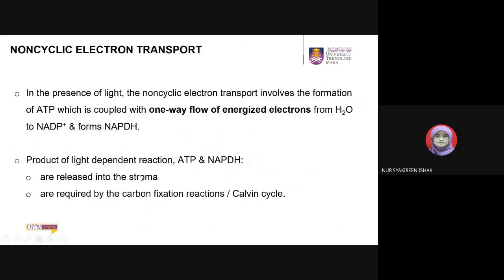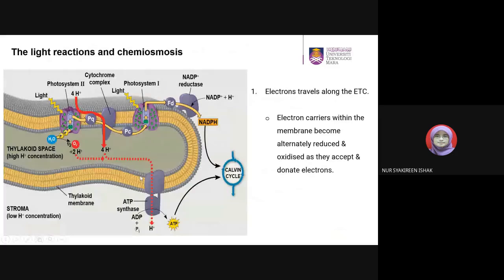Kalau kita tengok je ya gambar ni, nampak? So gambar ni dia nak menunjukkan splitting of water, it occurs in the thylakoid space. Thylakoid space sama juga dengan thylakoid lumen ya. Cuma NADPH tu akan release dekat stroma.